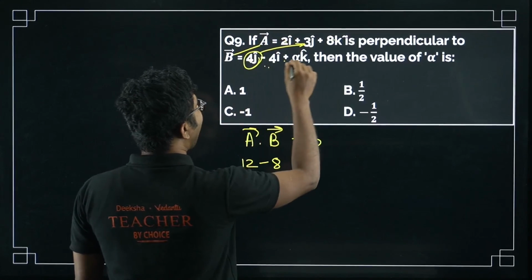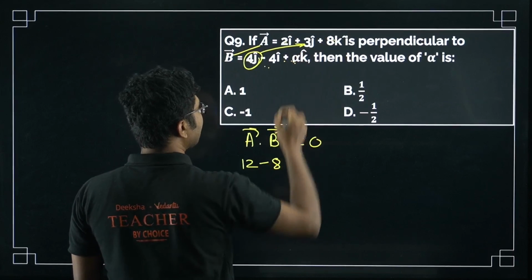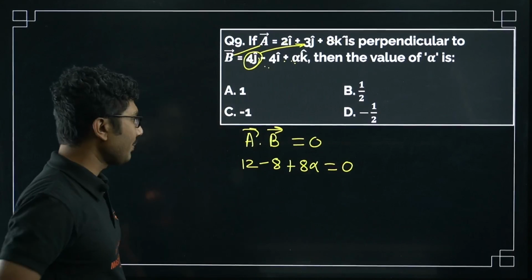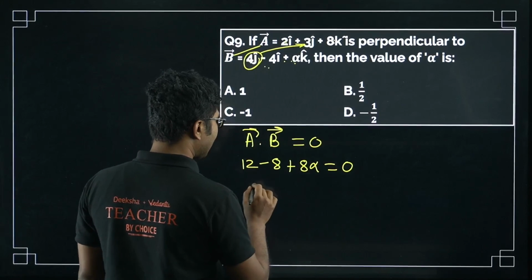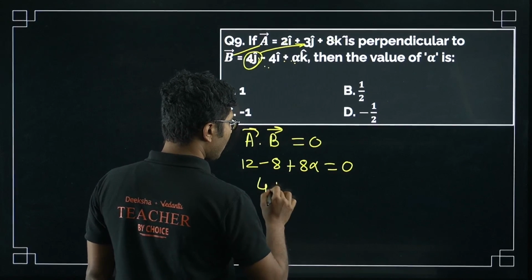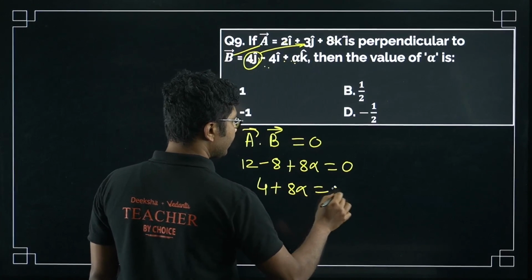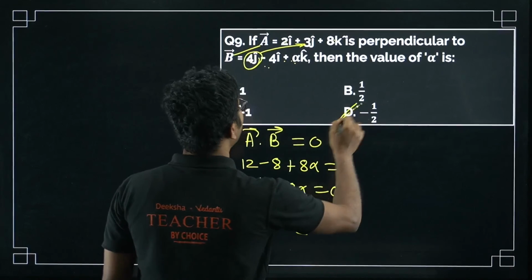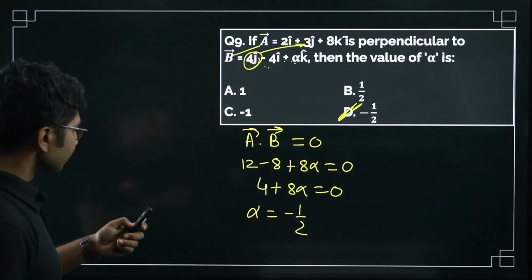Okay, and then we have 8 into alpha. So 8 alpha equals 0. Plus and minus is the only place an error would have happened. So 4 plus 8 alpha equals 0, or alpha equals minus half. So minus half is the answer for this question.